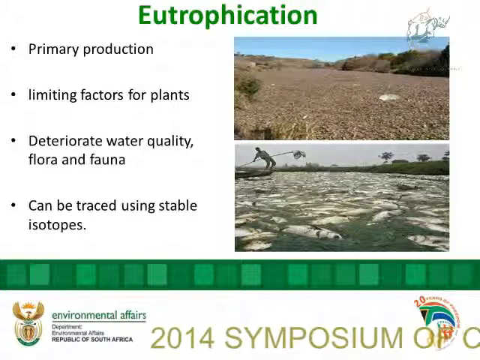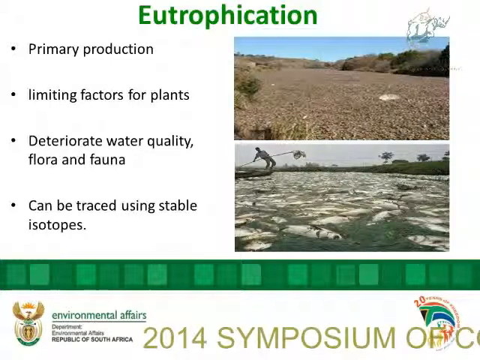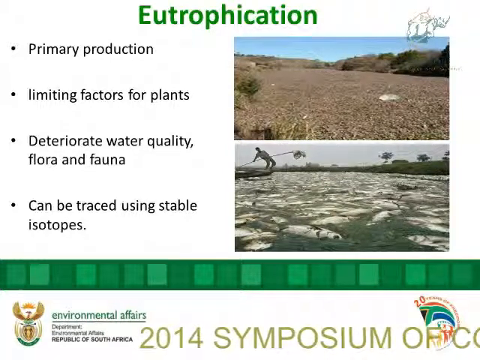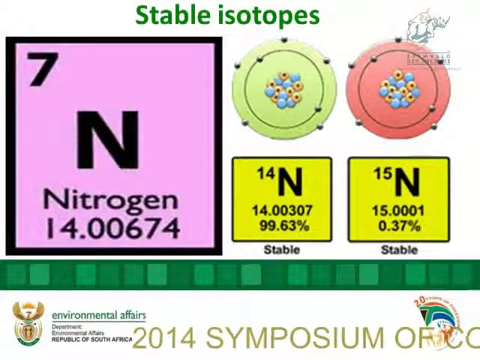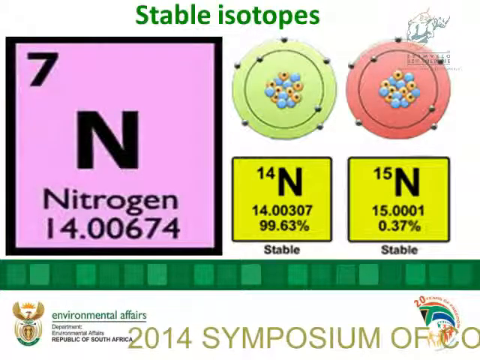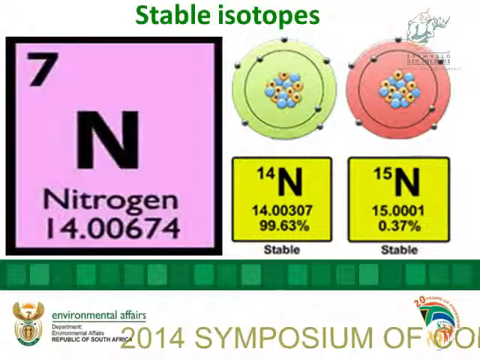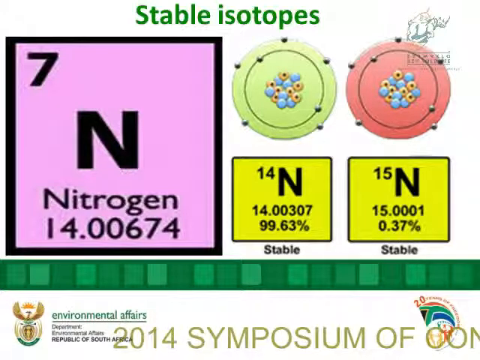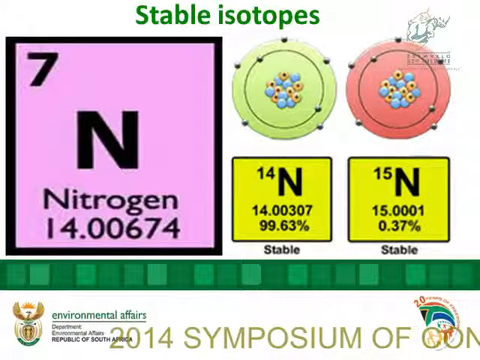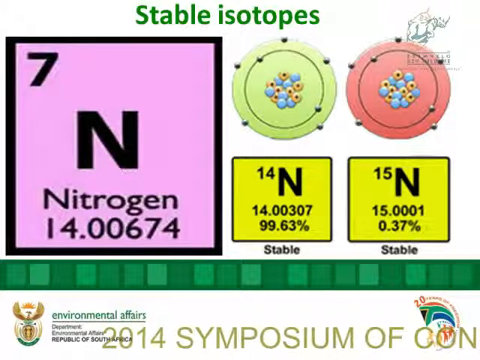So the effect of these nutrients can be investigated using stable isotopes. Isotopes form two or more forms of the same element that have the same numbers of protons but different neutrons. So if they have the same number of protons but different neutrons, this means that they have different atomic masses.